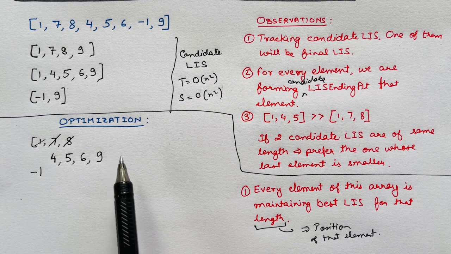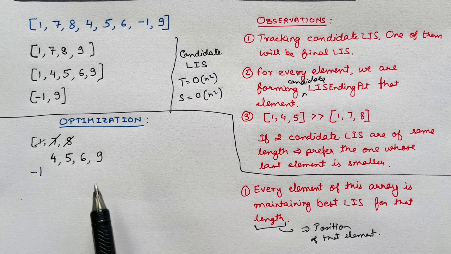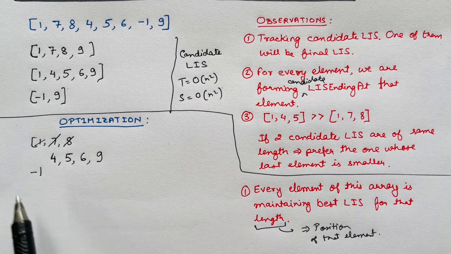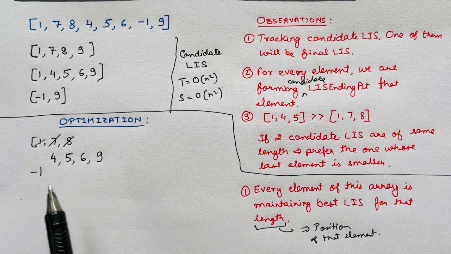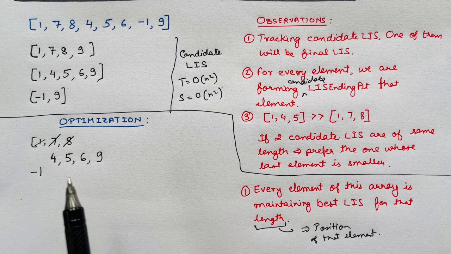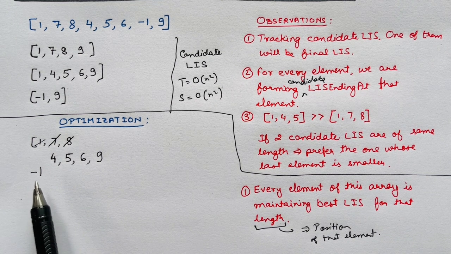But it is very important to note that these elements do not form any LIS. This array is not storing any LIS. It is important to understand what this array represents. This array represents that for every length, what is the best possible LIS. For length 1, the best possible LIS is the one that ends at -1.